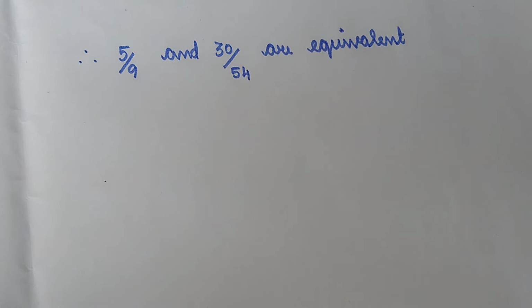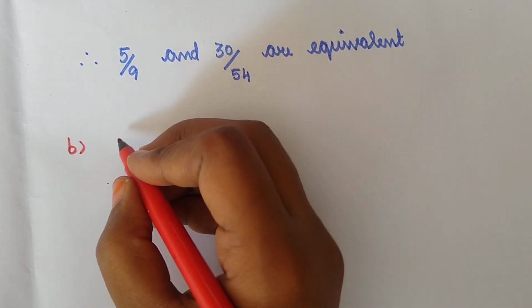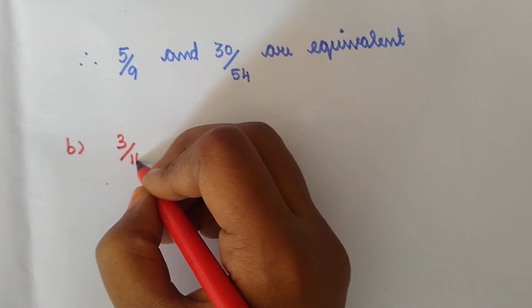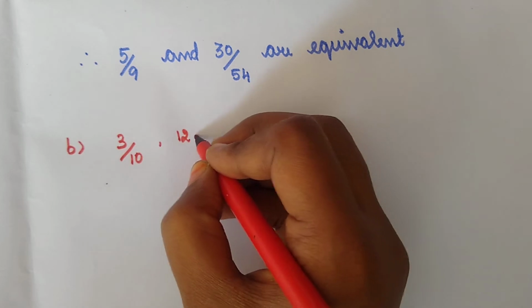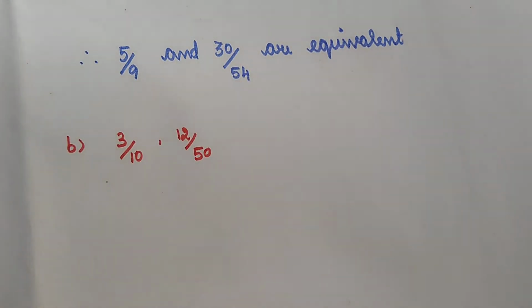We can move to subdivision B. 3 by 10, 12 by 50. Here which one is the greater fraction? 3 by 10 or 12 by 50? Here 12 by 50 is the greater fraction.